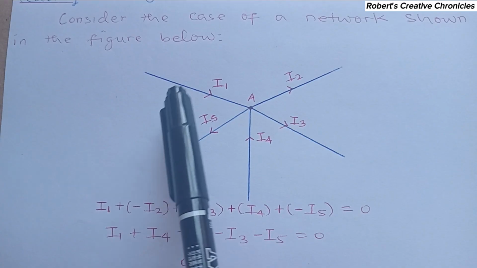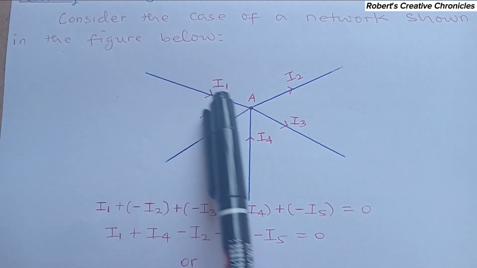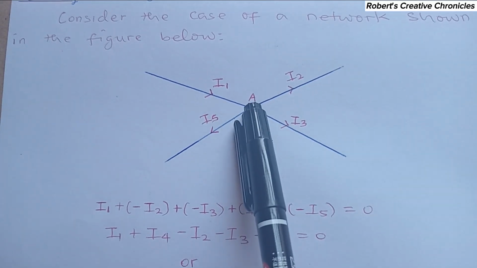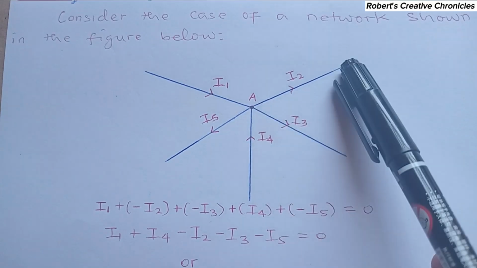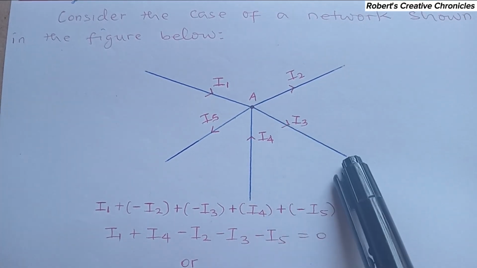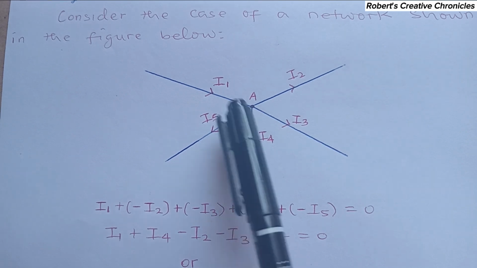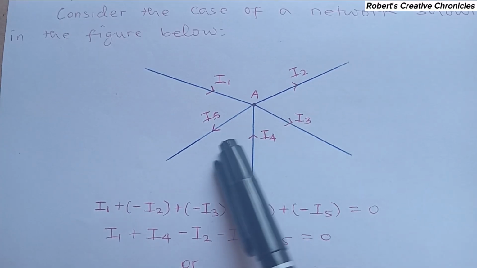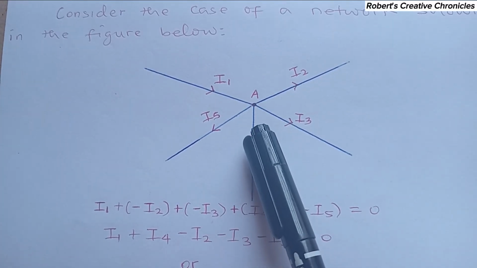So from this network, you can see that the current I1 enters this junction A, I2 is leaving the junction, I3 also leaves the junction, I4 is entering the junction, and I5 is leaving the junction. When applying KCL, you can use any convention.